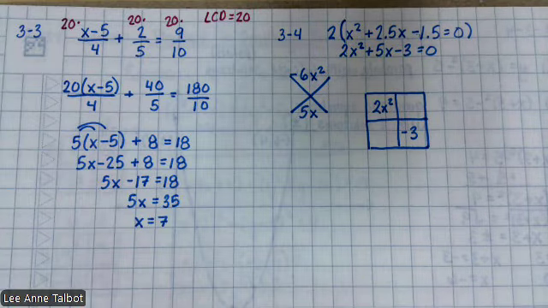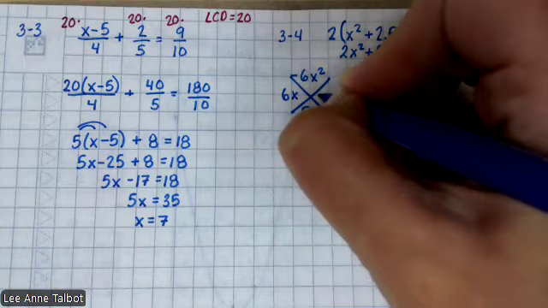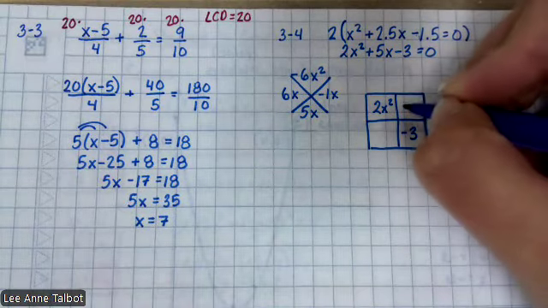What multiplies to be -6 and adds to be +5? 6 and -1. Yes. Everyone always forgets about the times one.